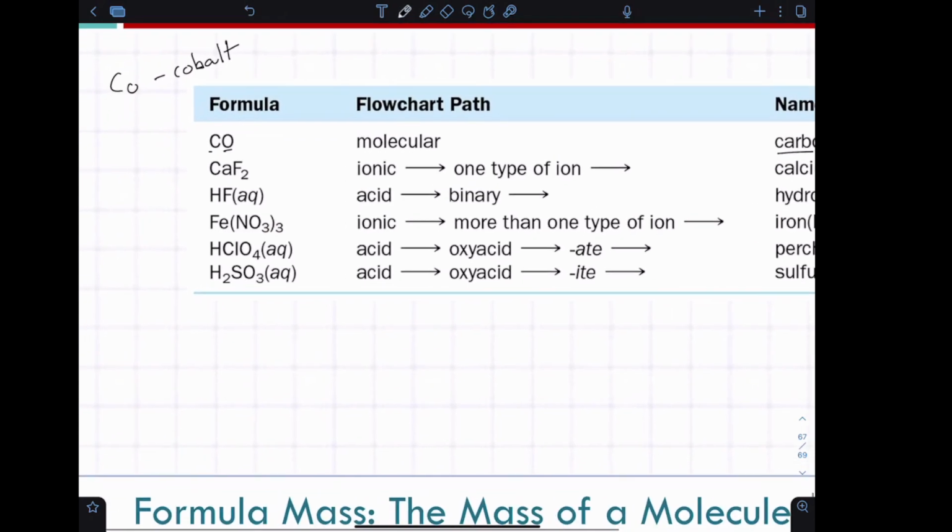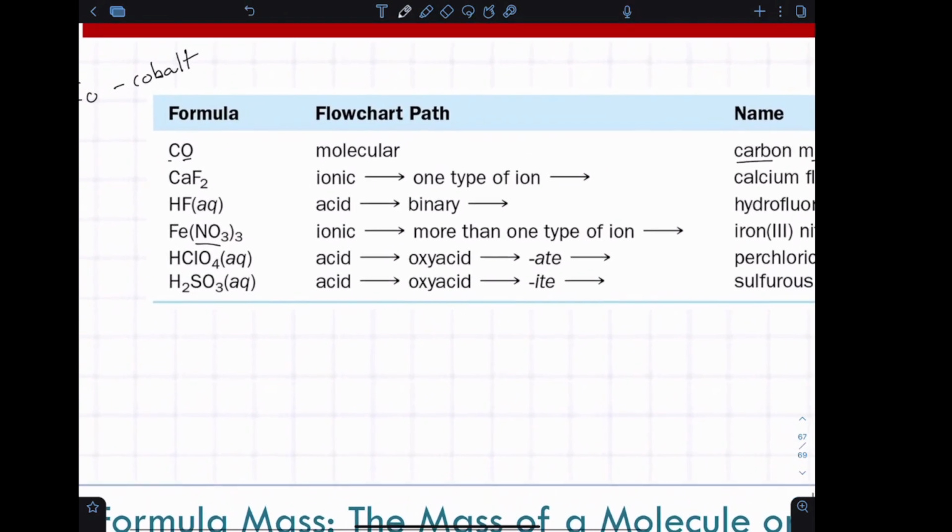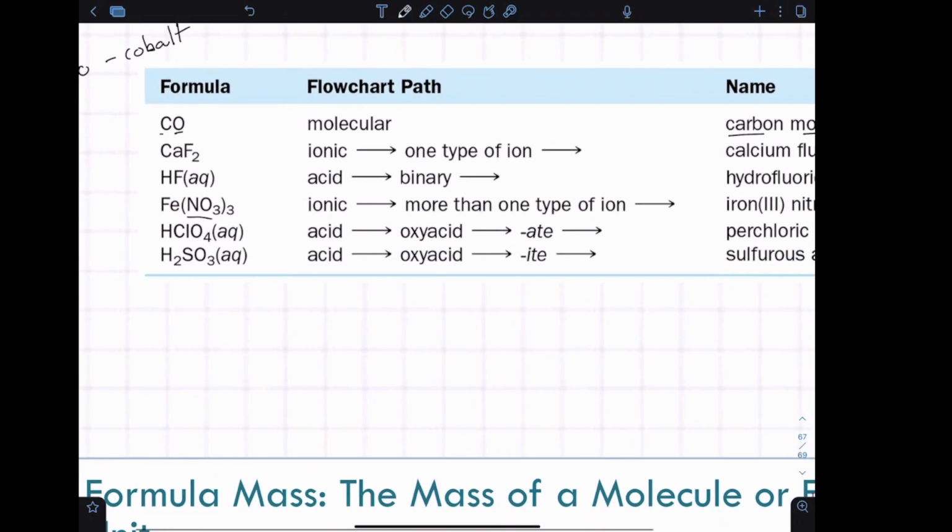To do that, we would use the nitrate's charge. Nitrate always has the same charge. All of the anions that we cover in this class are always going to have the same charge. What I mean by that is they only form one type of ion. So nitrate is NO3 with a 1- charge.